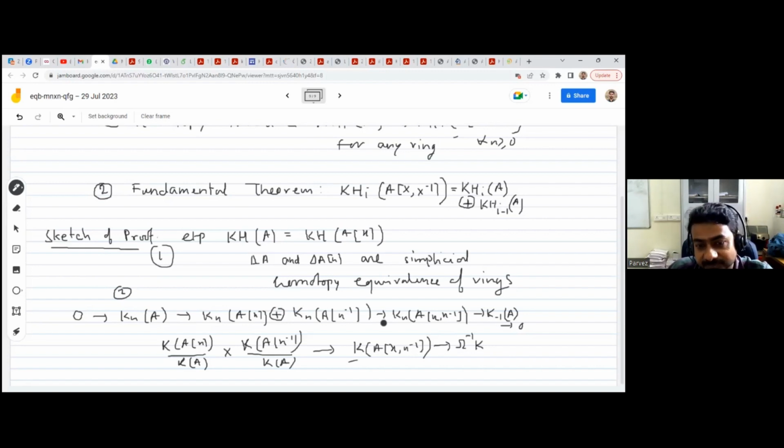Then what do you see? You replace it, and apply KH everywhere.